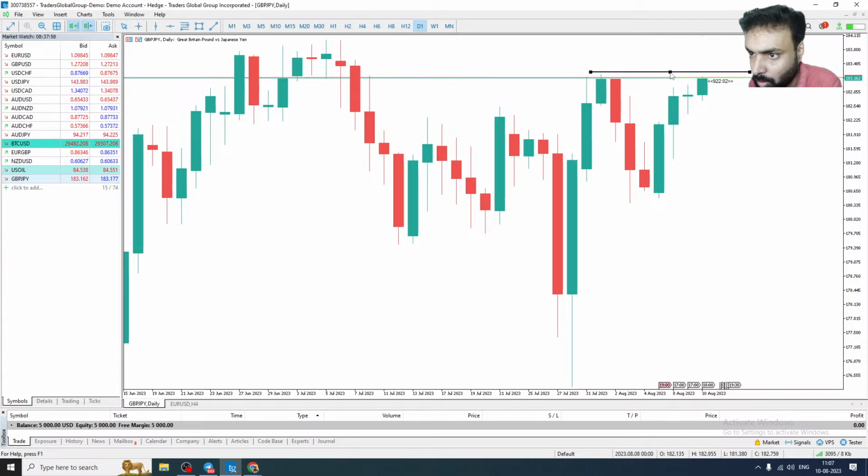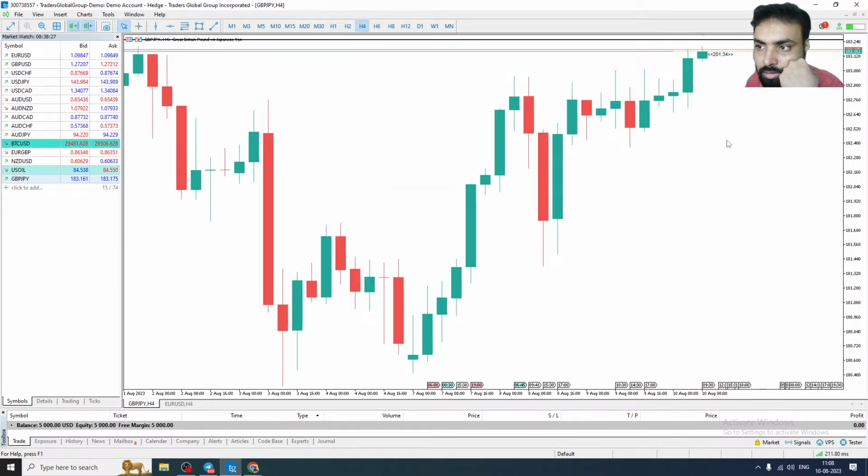This is kind of an equal high, 1, 2, 3, three days equal high. So the market might go above, manipulate the highs and go down. If it goes above, we can try to take some sell entry.